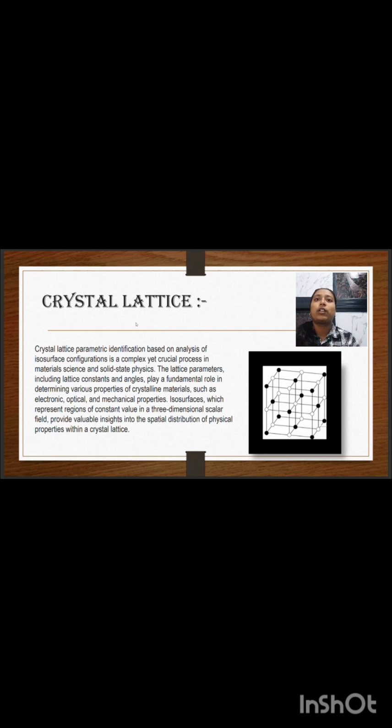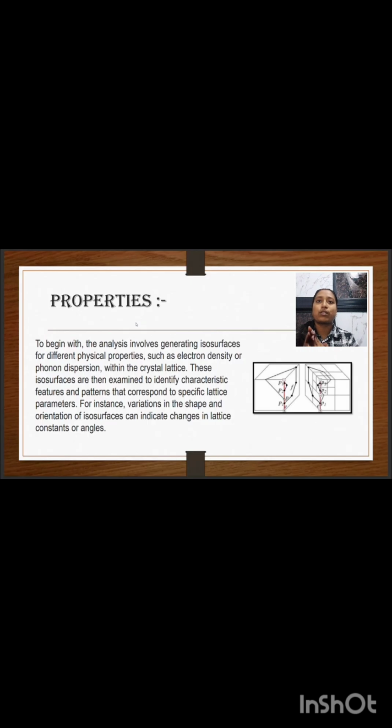Now, properties. To begin with, the analysis involves generating isosurfaces of different physical properties, such as electron density or phonon dispersion, within the crystal lattice. These isosurfaces are then examined to identify characteristic features and patterns.